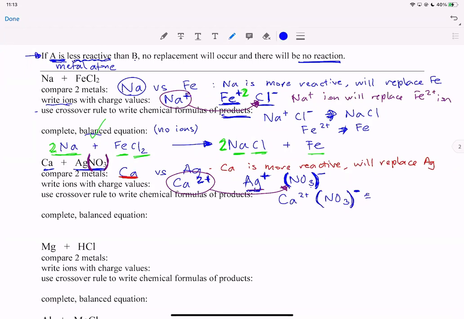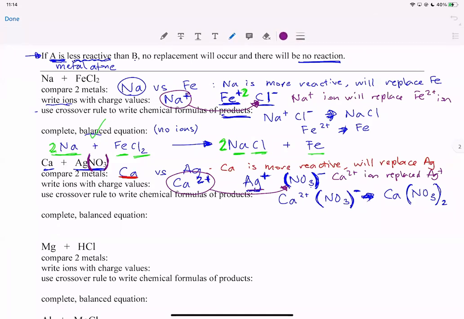And the way to do this is write the ions next to each other and then use the crossover rule to write the chemical formula. So this is going to be Ca and then NO3 with a 2 subscript. And there should also be no plus or minus signs. Okay, so that takes care of the replacement. What happened there was that the calcium +2 ion replaced the silver + ion.